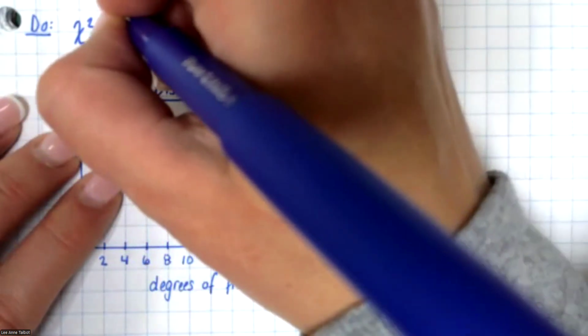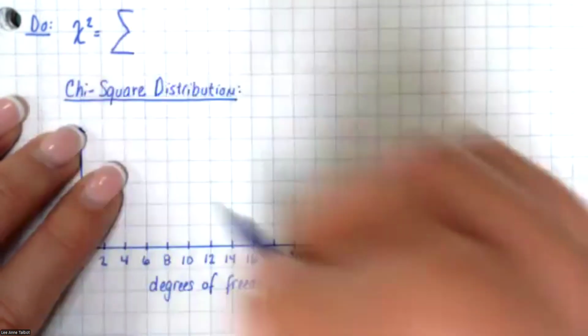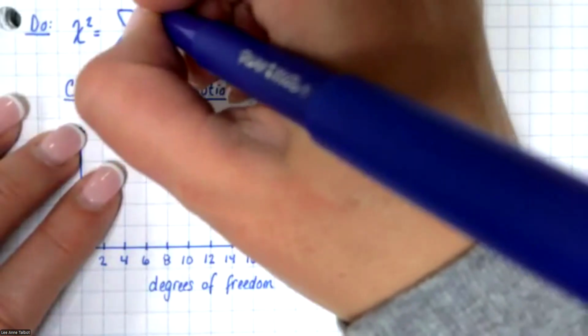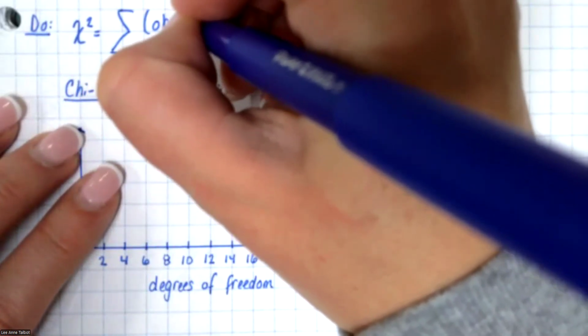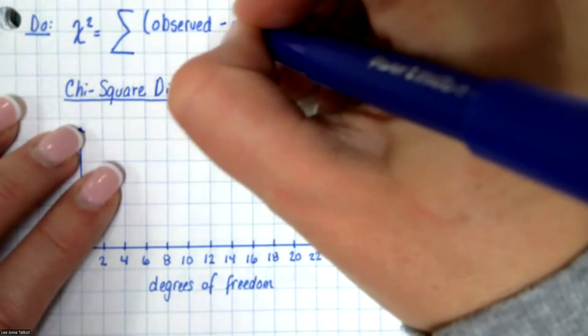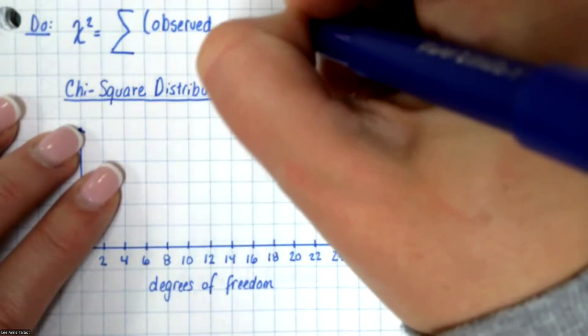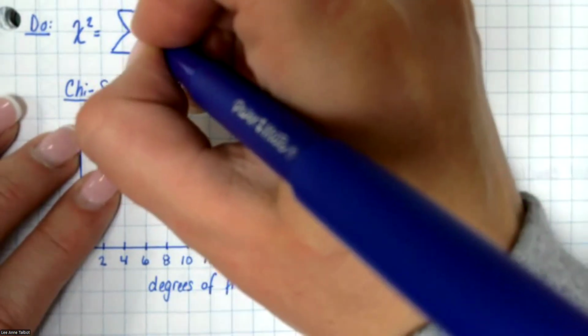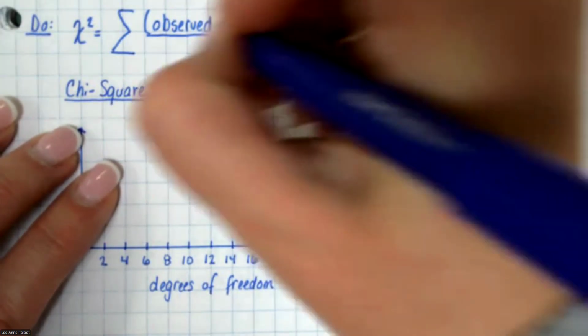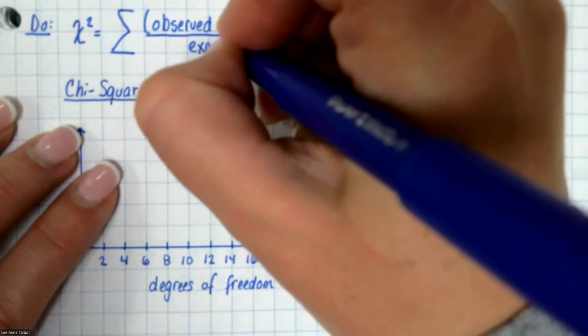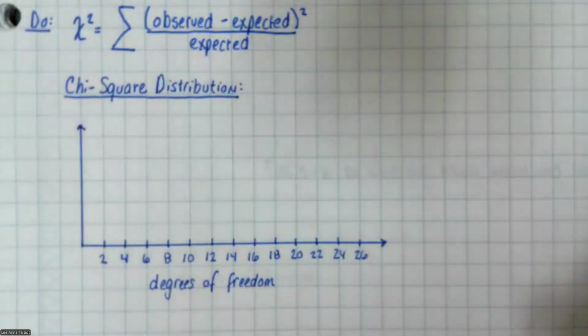So chi-square equals the sum of observed minus expected, squared, over expected.